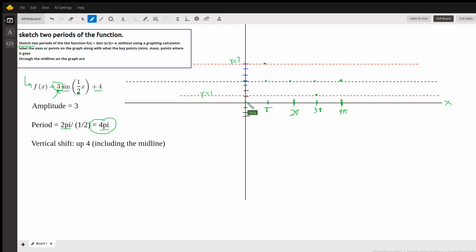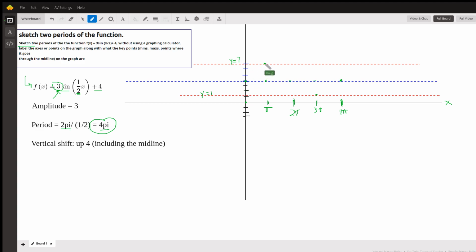We know that the basic sine function starts here and climbs up 1 unit at this quarter point. But here we're going to start the sine function at 0, 4, on the midline.